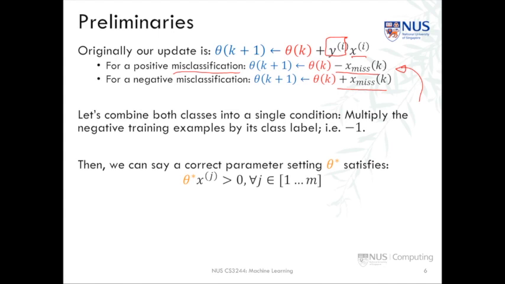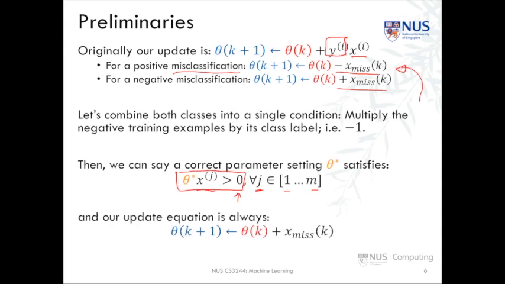We'll call that theta star, such that theta star times all of the examples in the data set, all of the j examples from 1 to m, are going to satisfy this condition that the weight vector times class is going to be above 0.